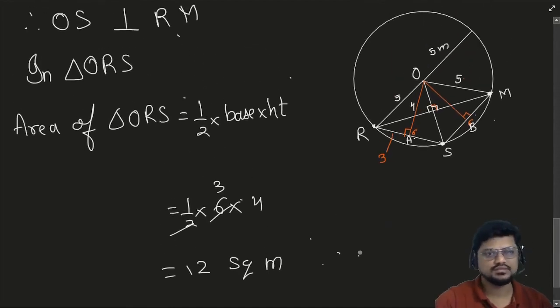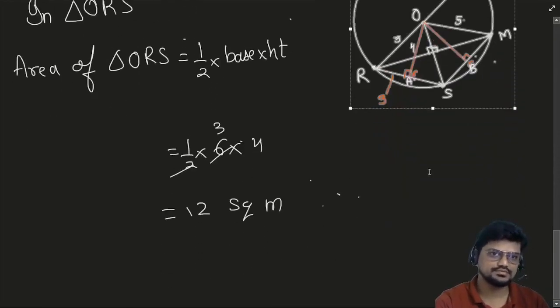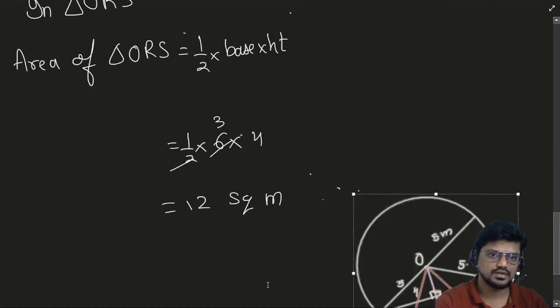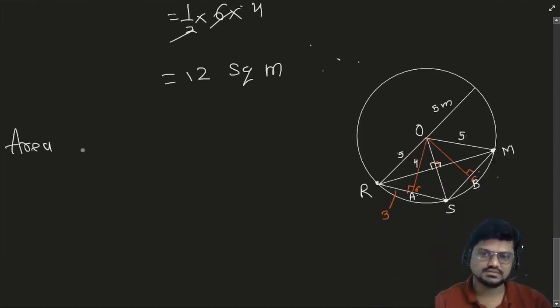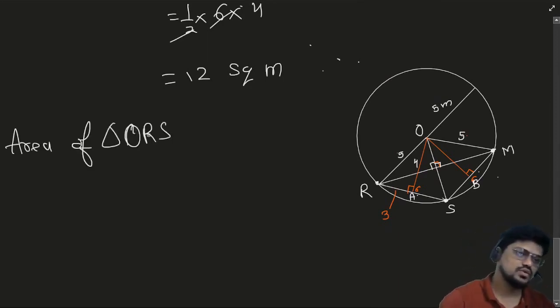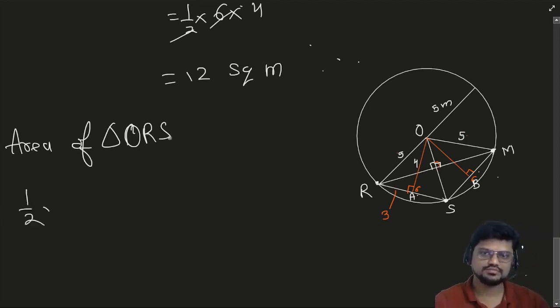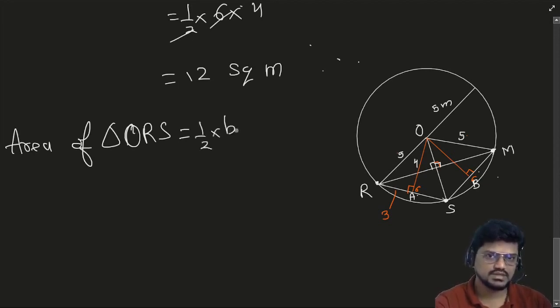Okay. Again, the same thing I will use. Area of triangle ORS can also be written as half into base into height.